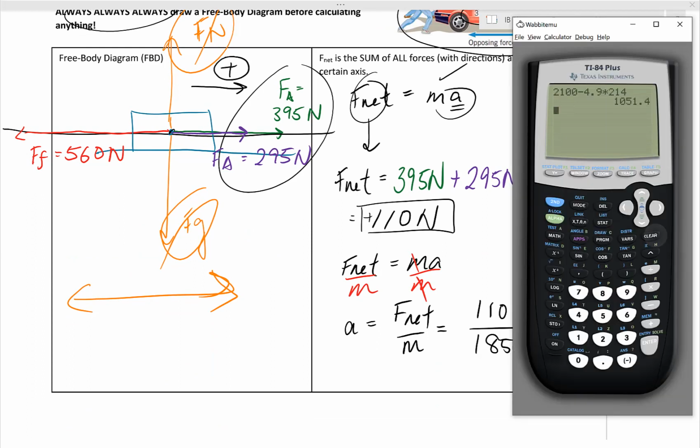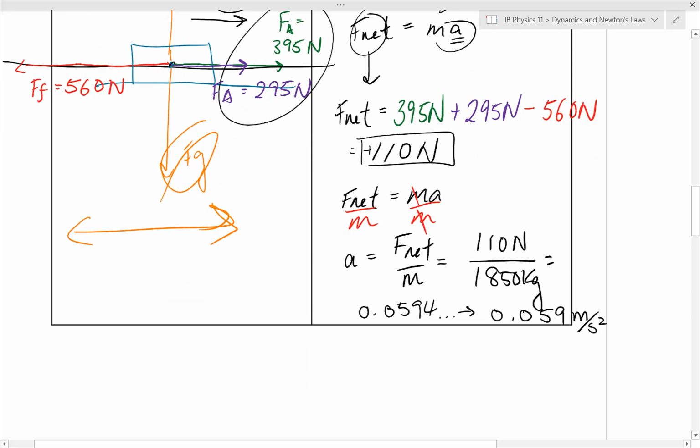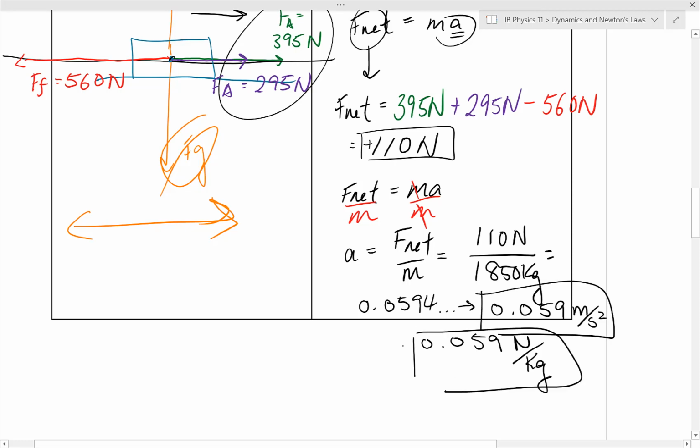Let's put that in our calculator. We get 0.0594. And that's going to round to 2 sig figs, 0.059 meters per second squared. Another unit you can use is newtons per kilogram. Okay, either unit works. In the forward direction.